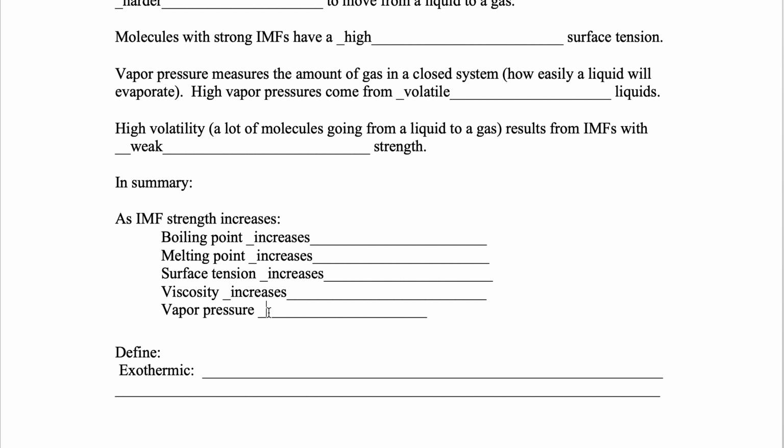And we'll get all up in how gases exert pressures and all that stuff. But substances that are easy to turn into the gas phase have a high vapor pressure. Alternatively, substances that are difficult to get into the vapor phase have a low vapor pressure. So as IMF strength increases, vapor pressure decreases.